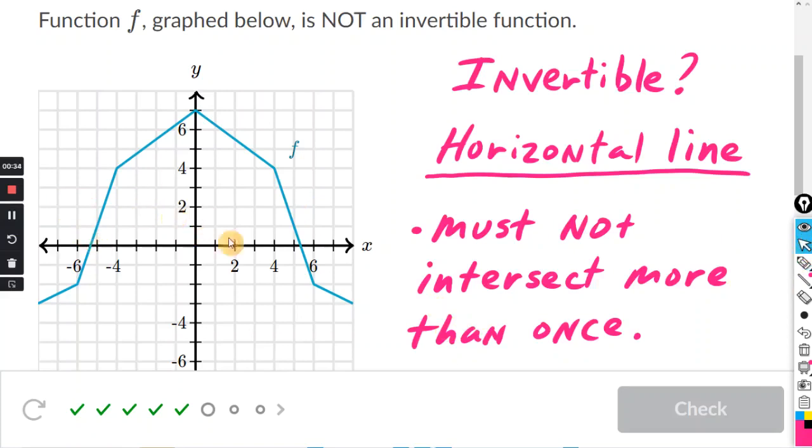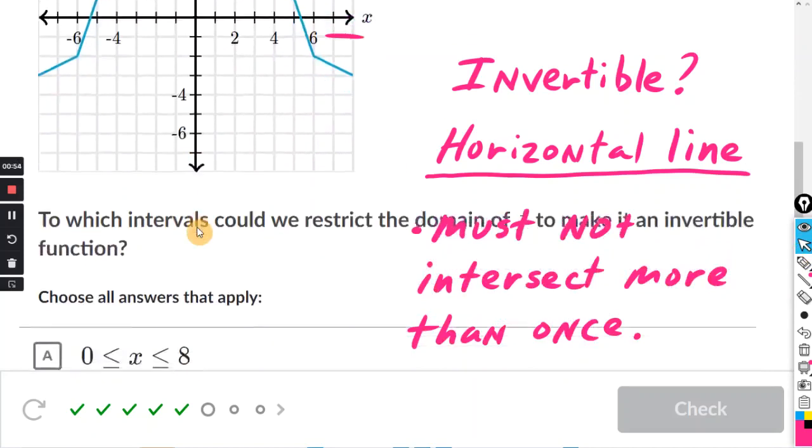So obviously, if we did it like this, it is not invertible because it fails the horizontal line test. It intersects the graph more than once. But we can possibly restrict the domain, or the x values, and that portion will be invertible. Let's see.